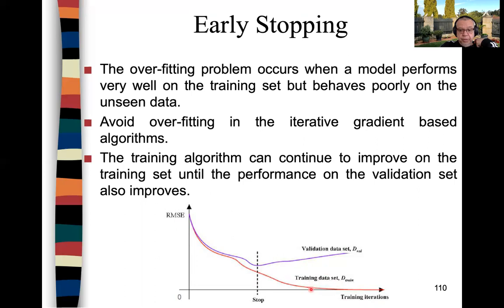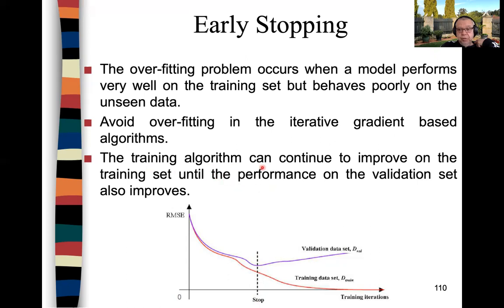But then we've seen that we sometimes, or most of the time, have a validation set that we test. Our error decreases, but at a certain point, we see that our validation error increases. And this is when we are supposed to stop our training to avoid overfitting, okay?